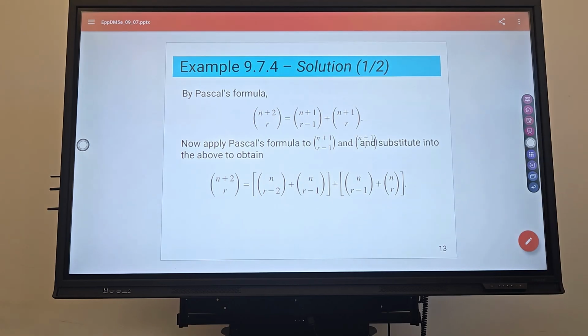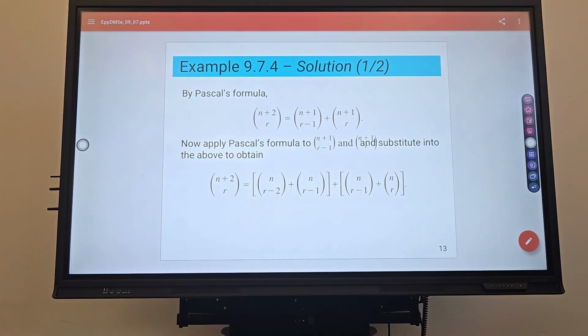Well, by Pascal's formula, n plus 2 choose r is n plus 1 choose r minus 1 plus n plus 1 choose r. Now apply Pascal's formula to n plus 1 choose r minus 1 and n plus 1 choose r, and substitute into the above to obtain this monstrosity.